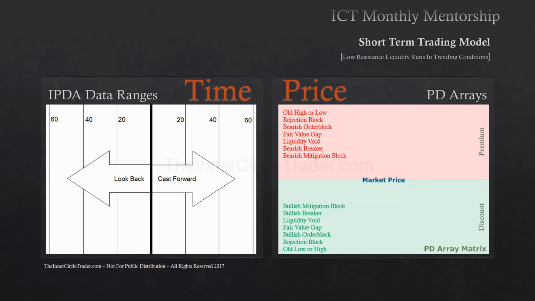And for one shot, one kill or short-term trading, we focus primarily on the last 3 months for the most salient institutional reference points. We key off of, obviously, the PD arrays based on a premium or discount market, and we're looking to trade from one PD array to the next, ideally from a discount to a premium range that can be easily defined.